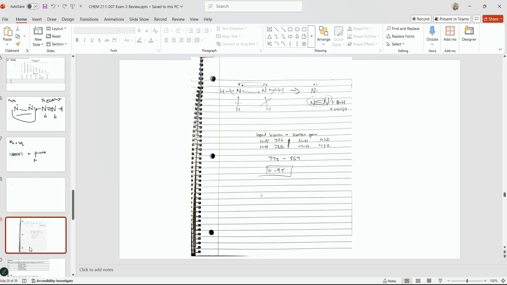Is it 4 N-H bonds? So bond broken. It's going to be from N to H. These bonds were broken. So, bond formed.